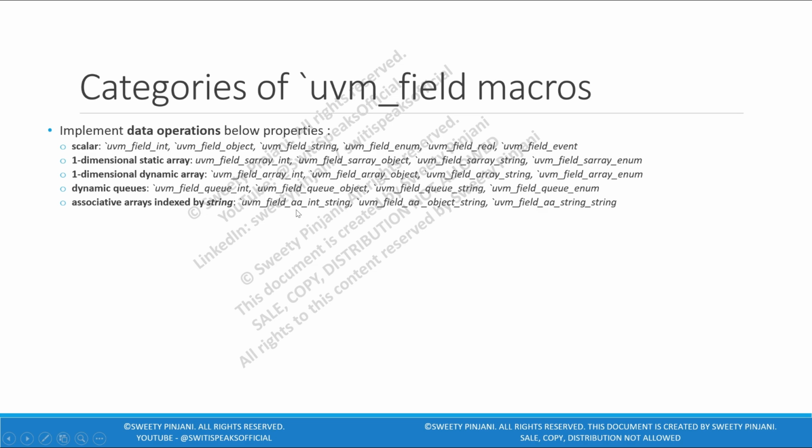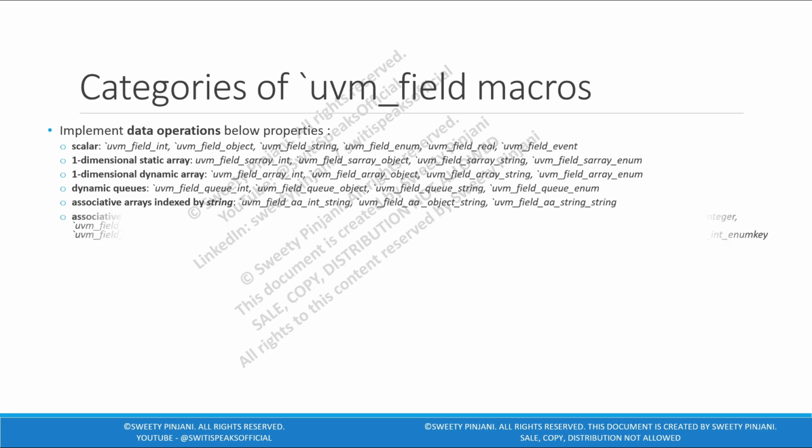For example, if you want to implement data operations for an associative array of integers which are indexed by string, you will use UVM field AA, which stands for associative array. Then since it's an associative array of integers, it is int. Since it's indexed by string, it is string. Similarly, this is again associative array of object indexed by string, associative array of string indexed by string.